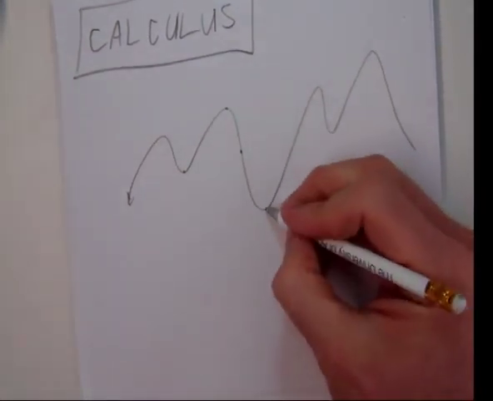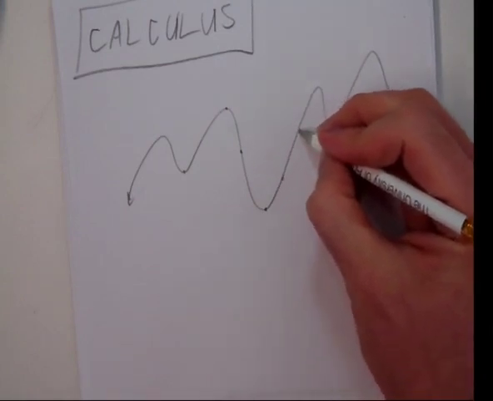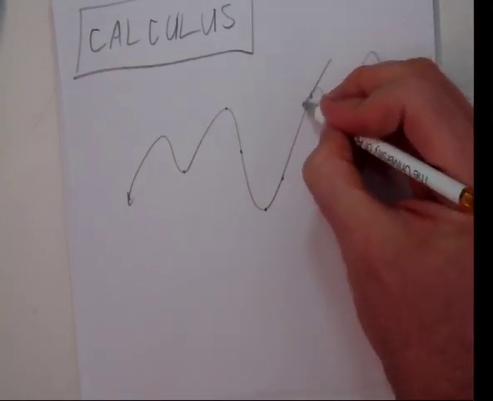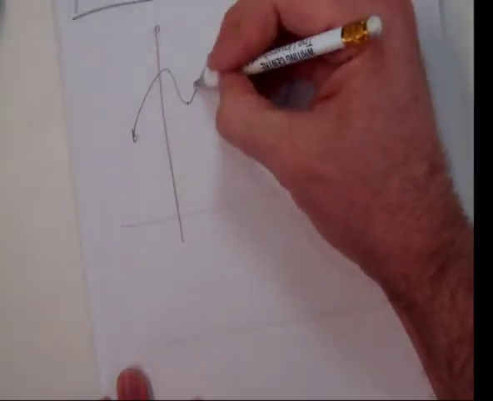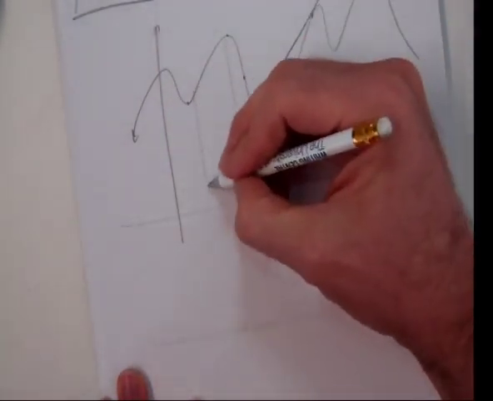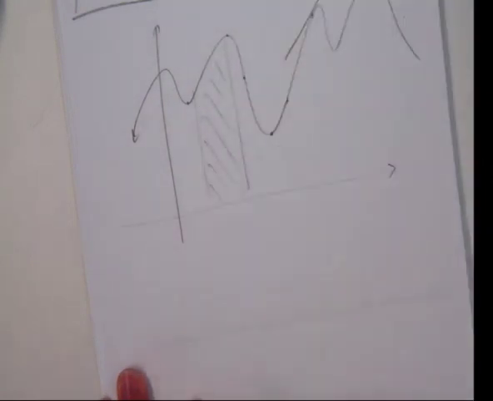We can, given a particular point anywhere, figure out the slope of the tangent line. This is a tangent. And we can also, using calculus, if we know where the x-axis and y-axis is, figure out an area as well. So calculus can allow us to find out all sorts of information about graphs.